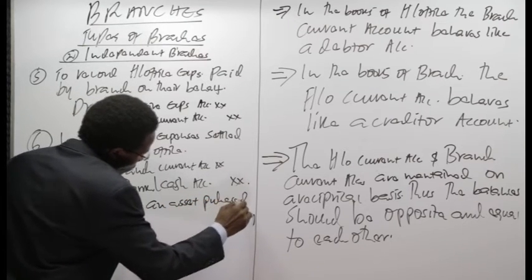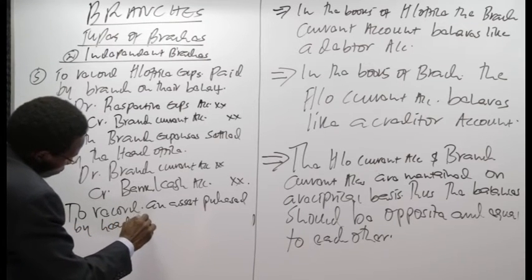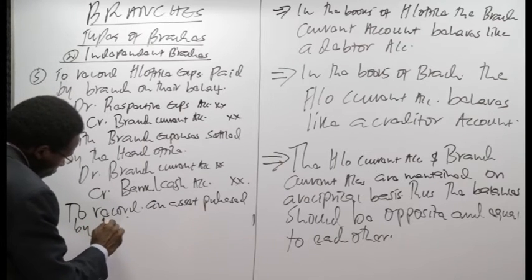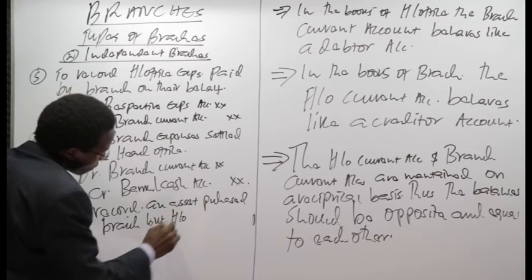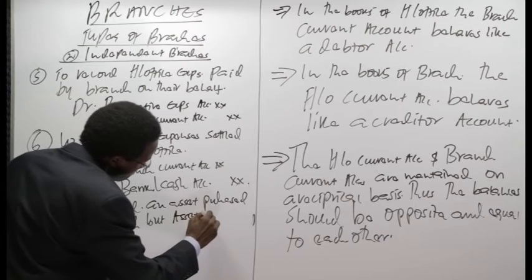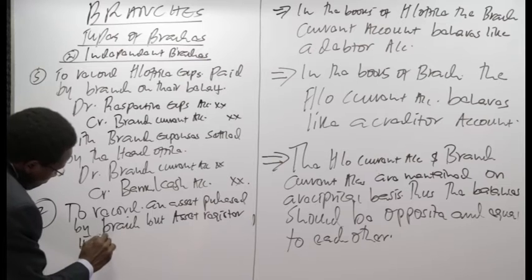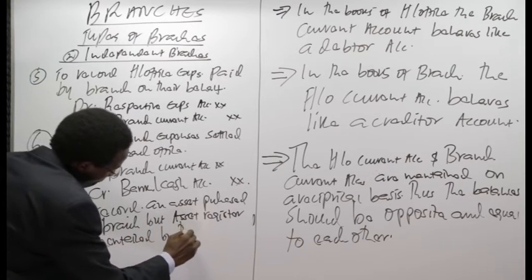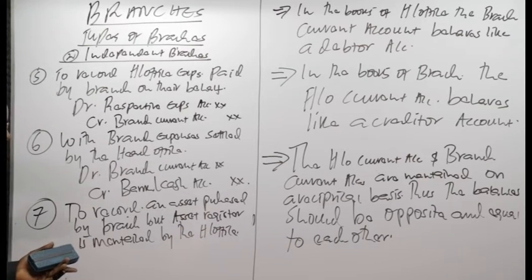purchased by the branch, but the asset register is maintained by the head office. What do we do in that case?